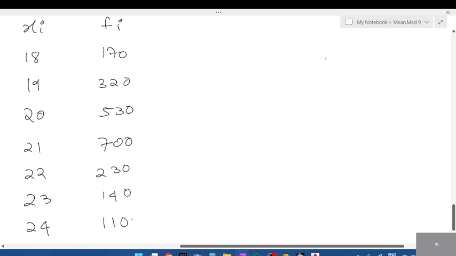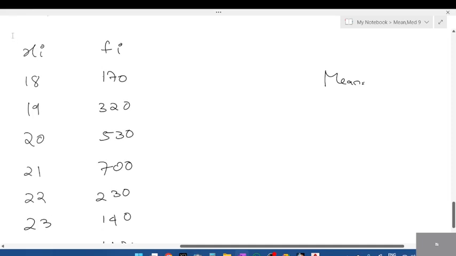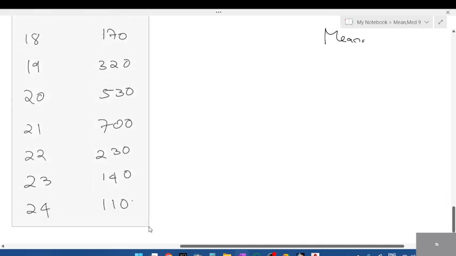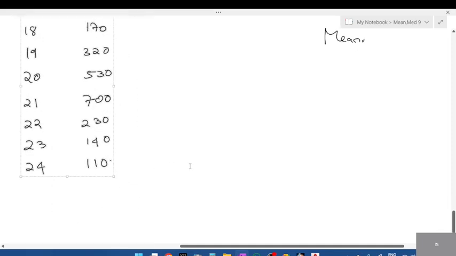Okay, now tell me the formula, students. What is the mean formula? If you just write the formula, that is enough. It is very simple to solve. Tell me the mean formula for step deviation.